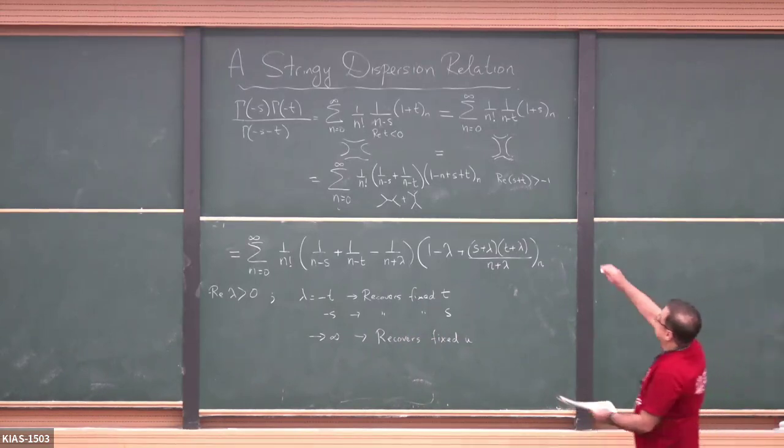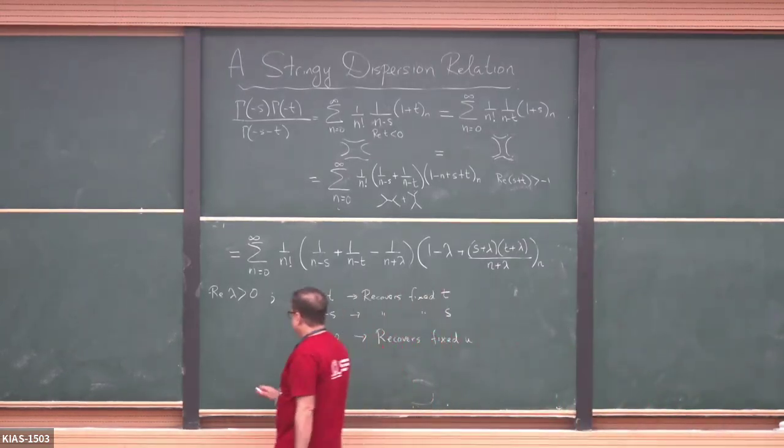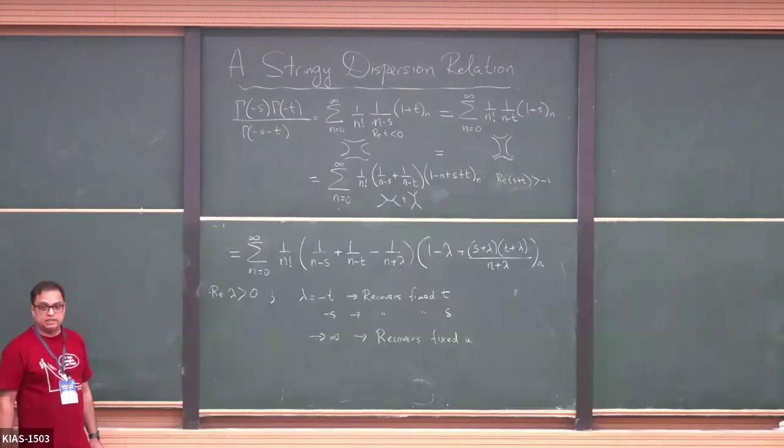There is an example that I'm going to talk about later on, but I might as well discuss it here. So if you set s equal to minus half and t equal to minus half, then the numerator becomes gamma half squared, denominator becomes gamma 1.